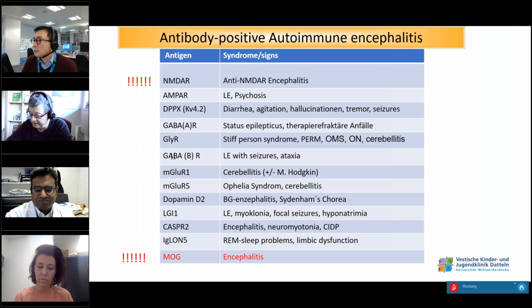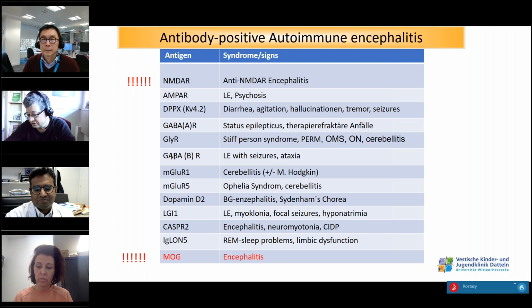But in pediatrics, the main antibodies we have to talk about are the NMDA receptor associated encephalitis, and, a personal bias, MOG antibodies, which often play a role especially in the situation of a viral meningitis.